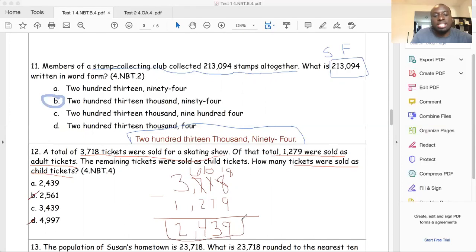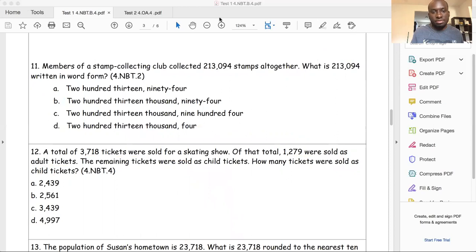My answer is 2,439. And there I go. Answer choice A is number 12. Yes, basic subtraction. I'm going to clear my board and move on to number 13.